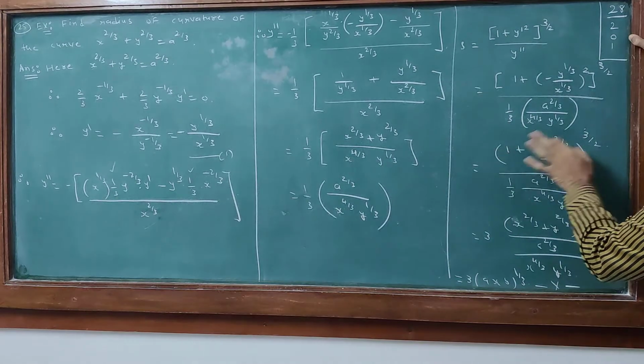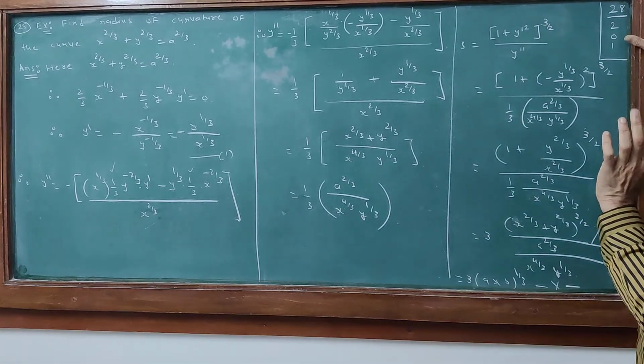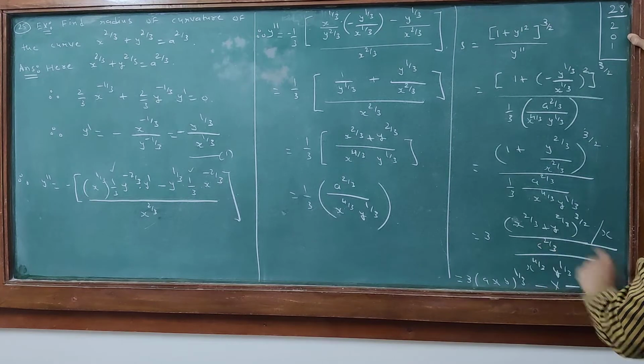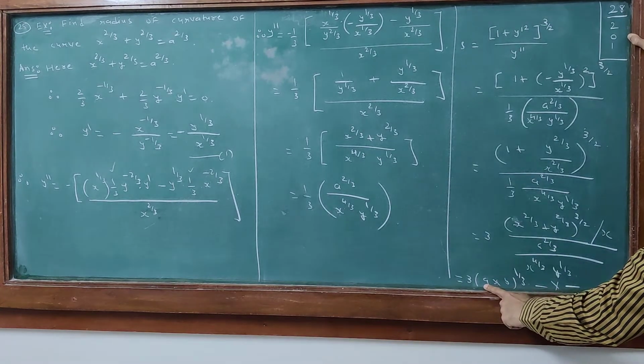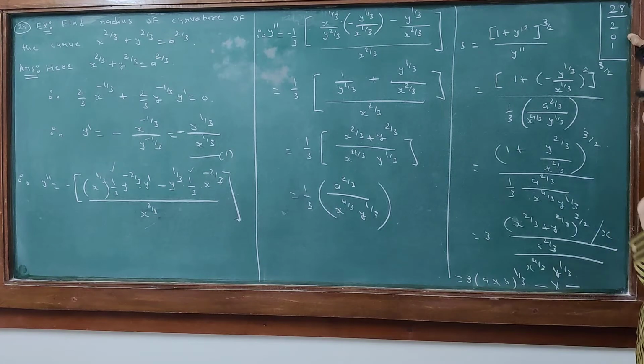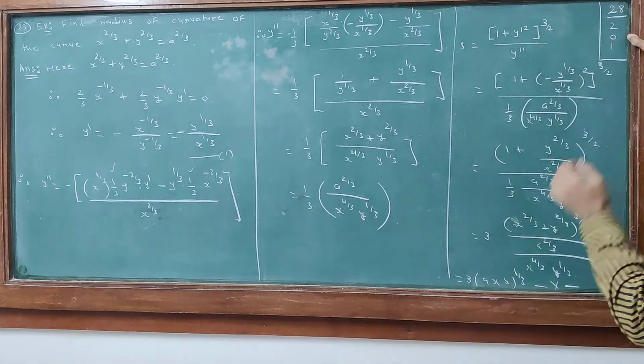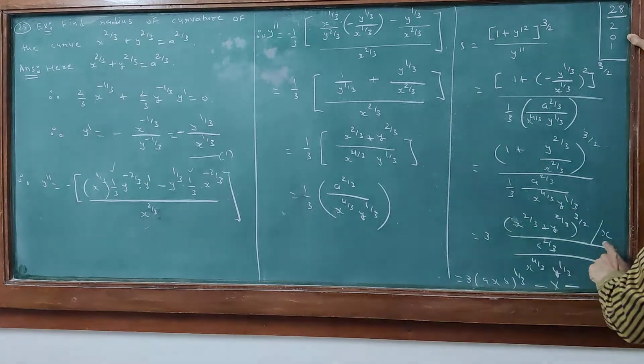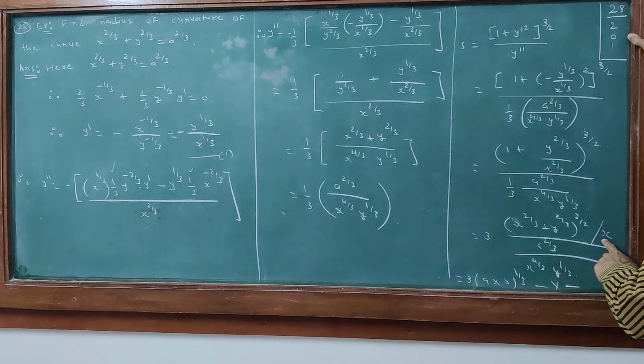A raised to 2 by 3 and a raised to 3 by 2 means it will become a. But in the denominator it is a raised to 1 by 3, so there will be power of a with 1 by 3 remaining. Secondly, x raised to 2 by 3, x raised to 3 by 2 means power of x will be 1.